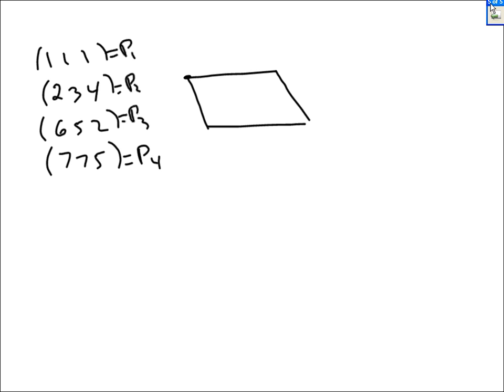Now, if P1 is here and P2 is here, well then, we don't really want to find a vector that goes from P1 to P2. We want to find a vector that goes from here to here. We want to find out what that vector is, and what this vector is.